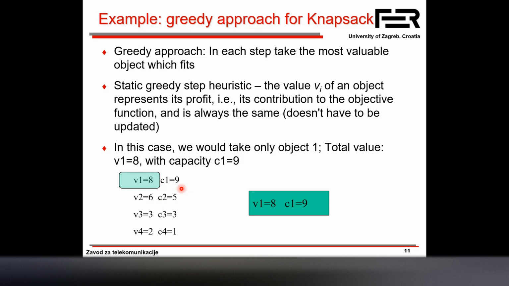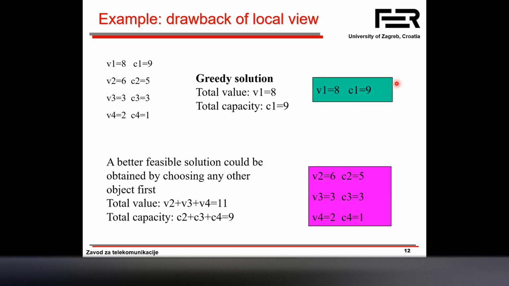So now we've already filled the capacity, right? So we're already at 9. A better solution would be, if we chose different objects, V2, V3, V4, we could get a total value of 11 and still maintain this capacity.